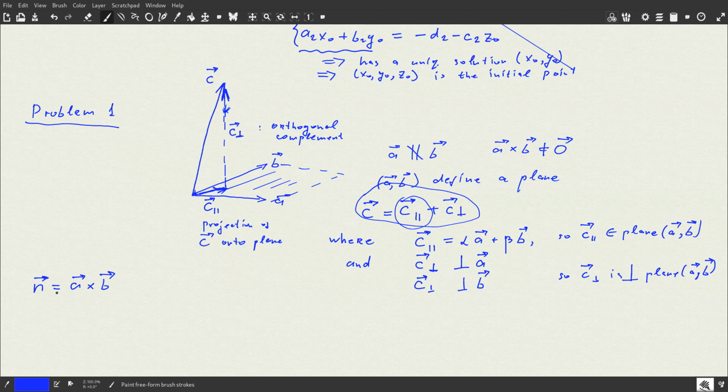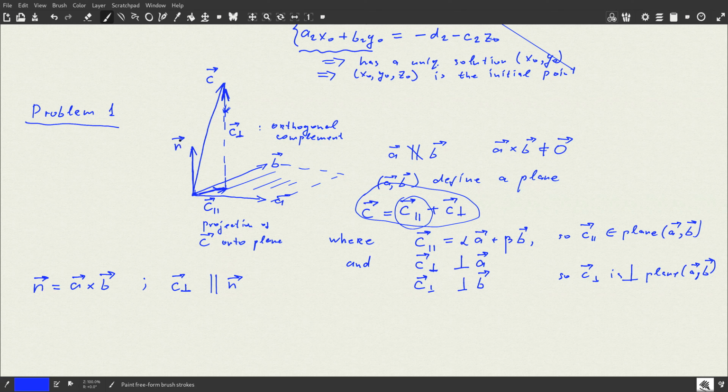So suppose we constructed a normal vector A cross product B. Then we know that our C orthogonal is actually collinear to this vector n. All right? So what can we do? So n is this vector, for example.